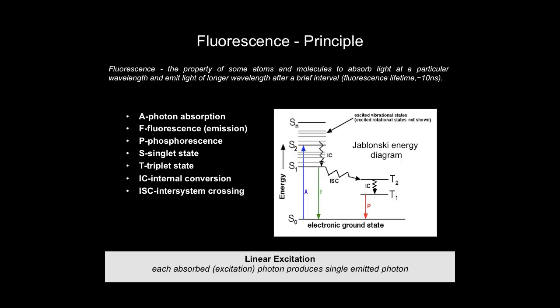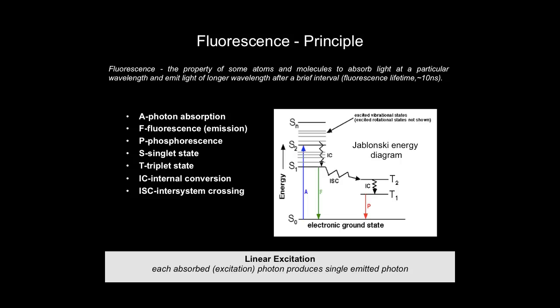These are electronic energy states, and the gray lines are our vibrational excited states. In this process, an incident photon is absorbed, and it excites the molecules to a higher energy state. Then some of the energy is lost through non-radiative vibrational relaxation, and then a fluorescent photon of lower energy is emitted.